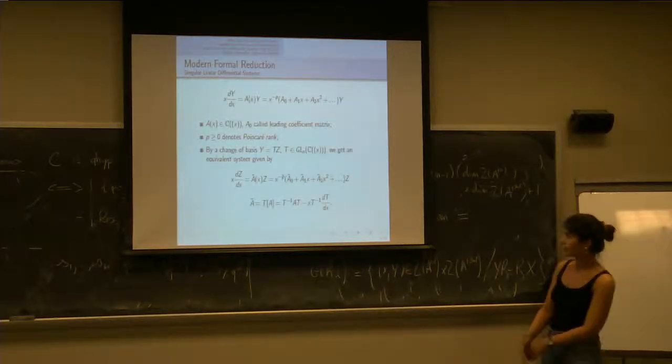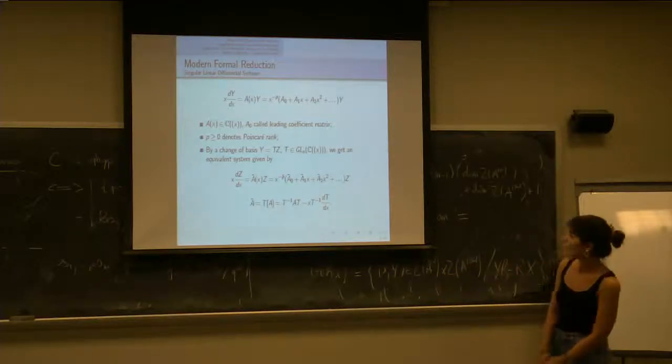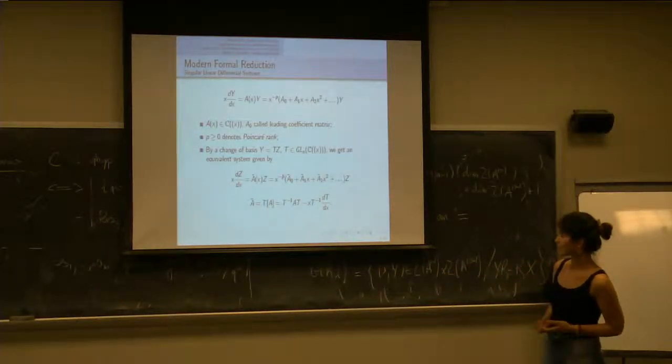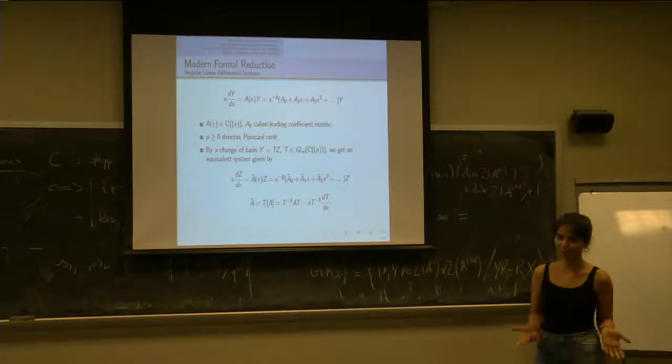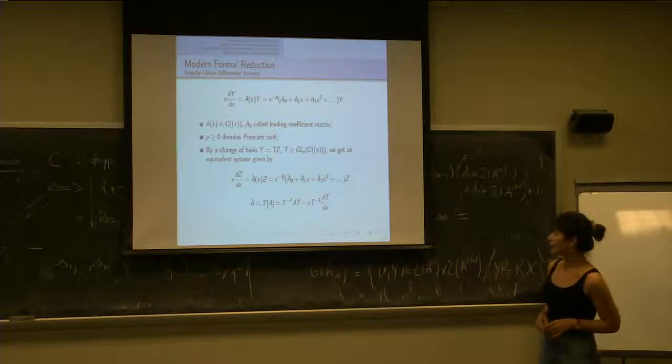Okay, so what is the effect of a change of basis? As we have also seen, if we have an invertible matrix T, then this linear transformation will result in an equivalent system such that A tilde and A are related as you can see.